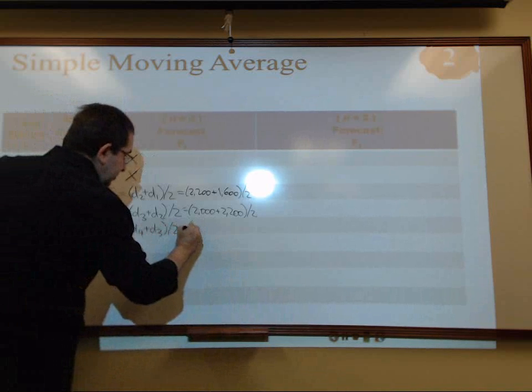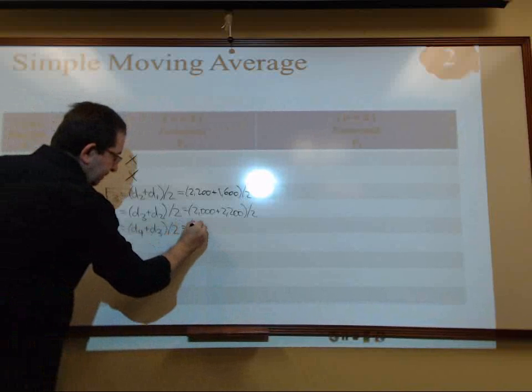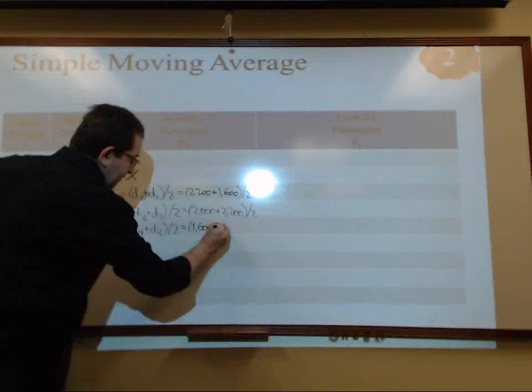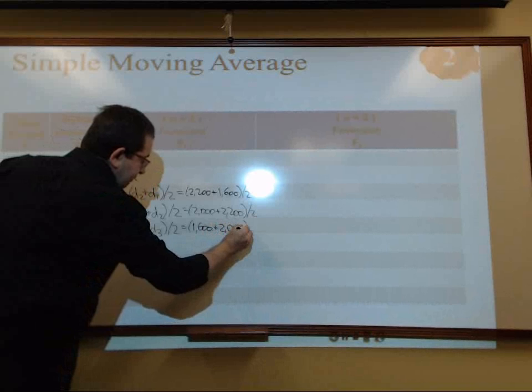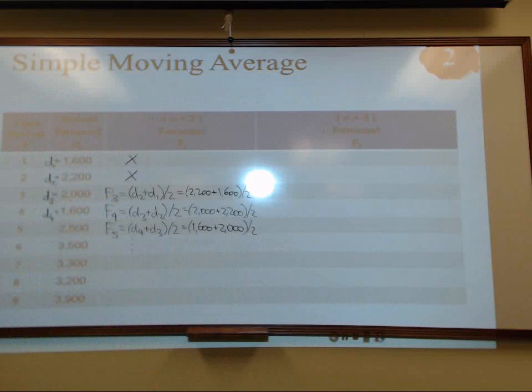Okay? So this is 1,600 and 2,000, divided by 2. Okay? So this is basically how you do simple moving average with 2 periods.